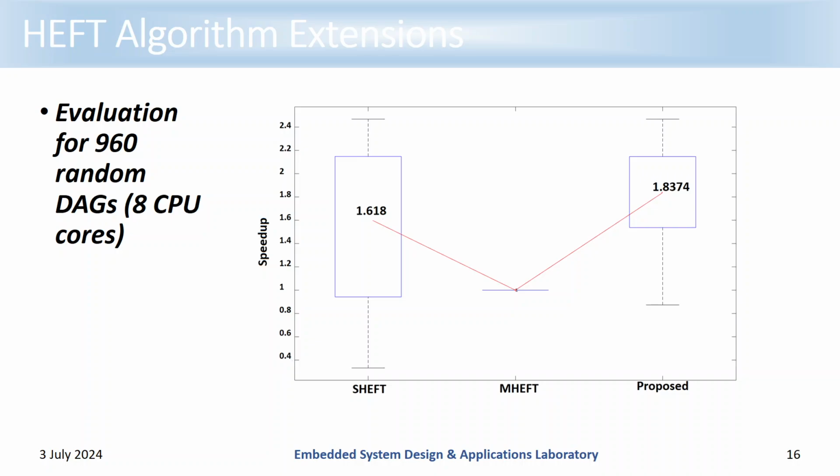SHEFT achieves better performance than MHEFT in most cases, but this depends on the shape of the DAG and the number of cores used. The proposed method achieved significant make-span gains. Note that compared to SHEFT, the proposed method's smallest gain values are higher than the SHEFT ones in most cases.